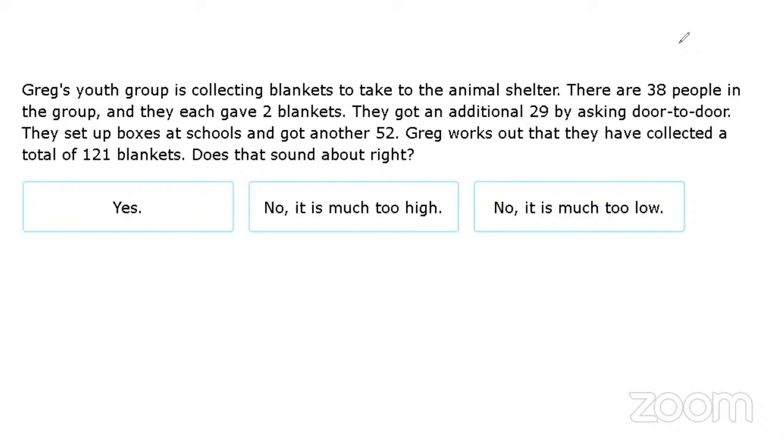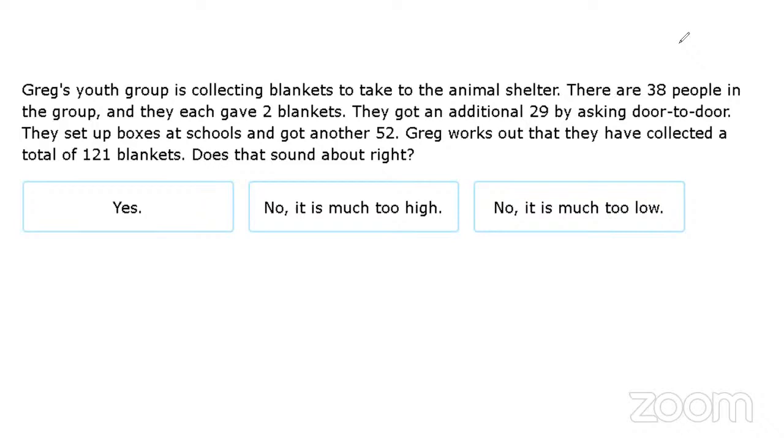They got an additional 29 by asking door to door. They set up boxes at school and they got some more. They got 52 more. And Greg now worked it out and said that they collected about 121 blankets. Does that sound just about right?